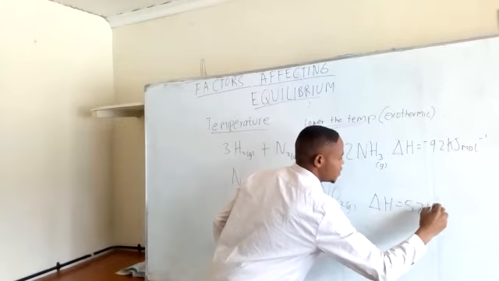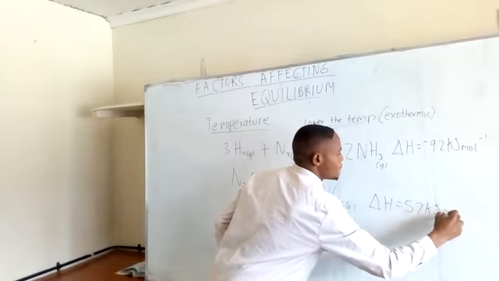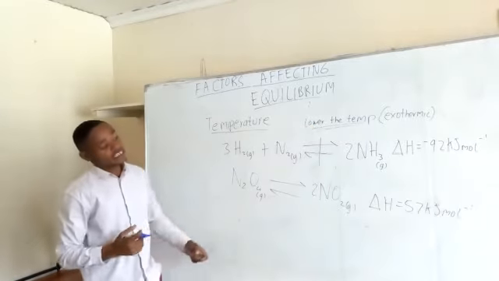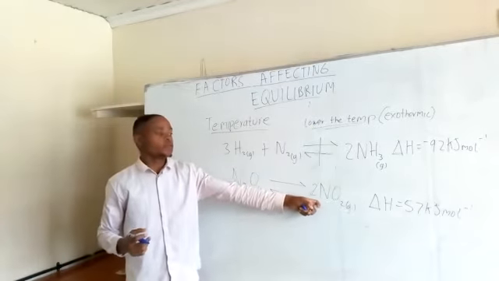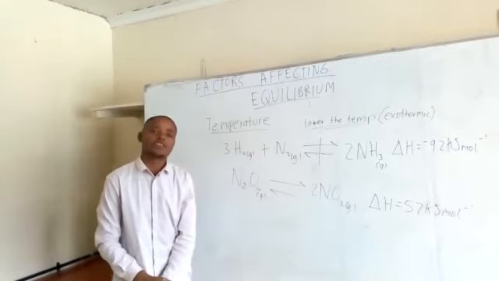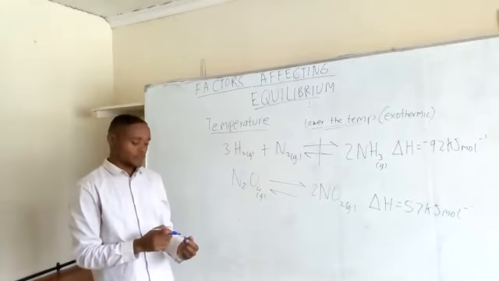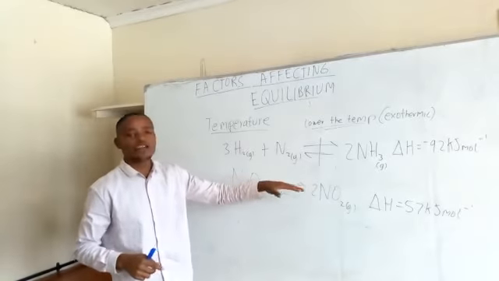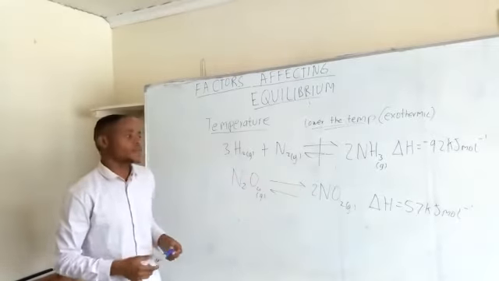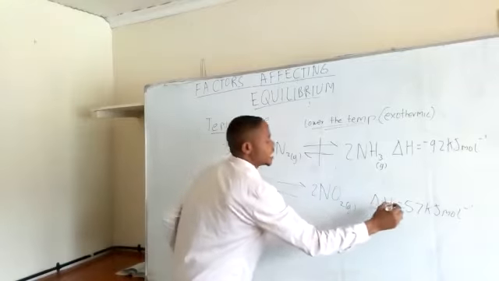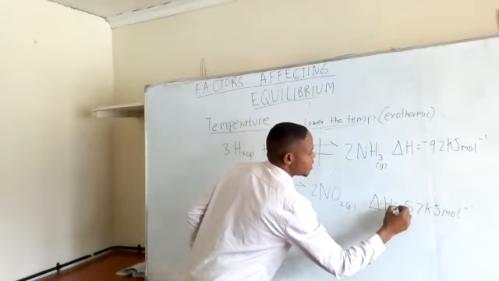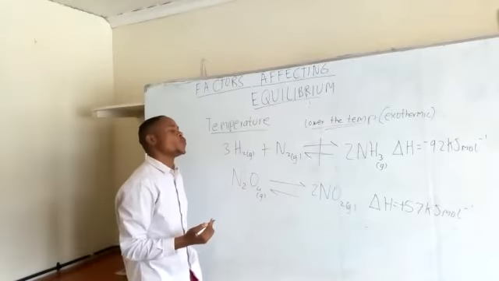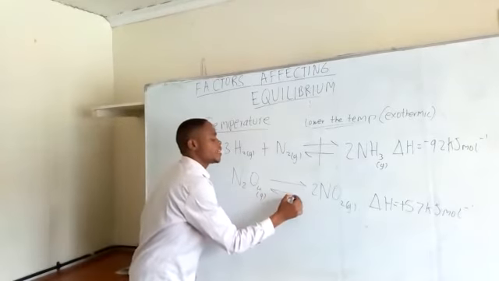Actually, it's 57 kilojoules per mole. So if we are interested in forming nitrogen dioxide, which requires the forward reaction, then because the reaction is endothermic, increasing the temperature will favor the forward reaction.